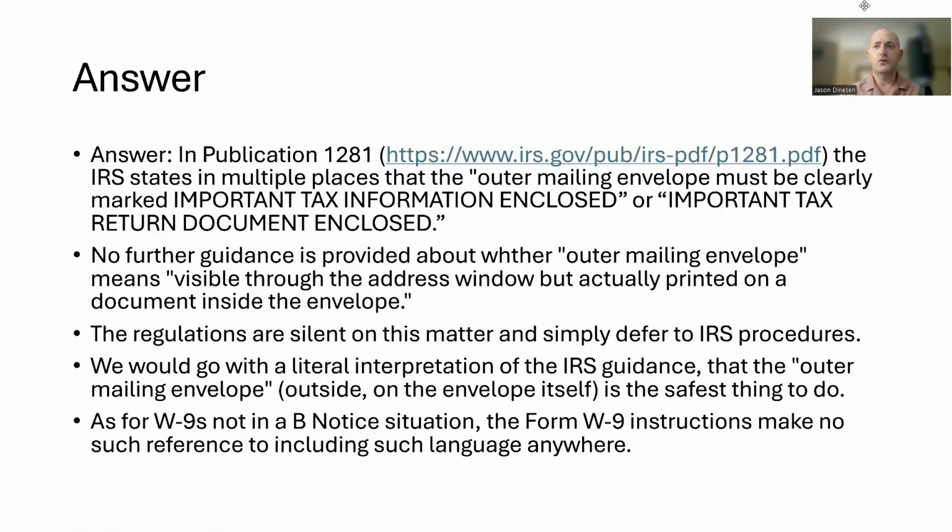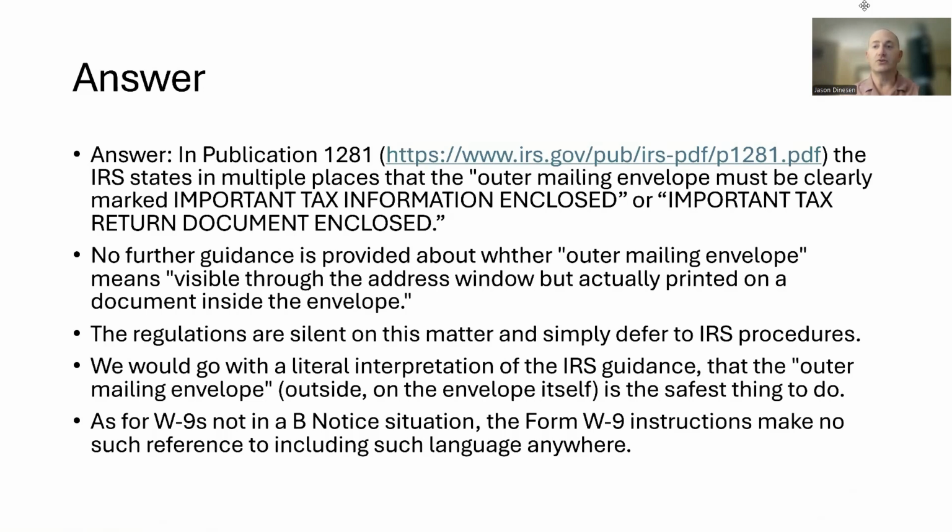There's no further instruction given on what that means. What if it's visible through the address window but is actually printed on a document inside the envelope showing out the window? That's not addressed in any IRS guidance anywhere.